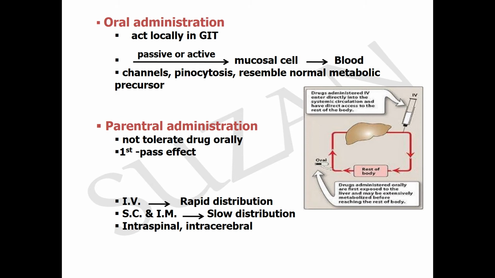We have other routes which are intraspinal or intracerebral, where you introduce the drug directly into a special organ. Where intraspinal, you introduce the drug directly by injection into the spinal fluids, or intracerebral into the brain.